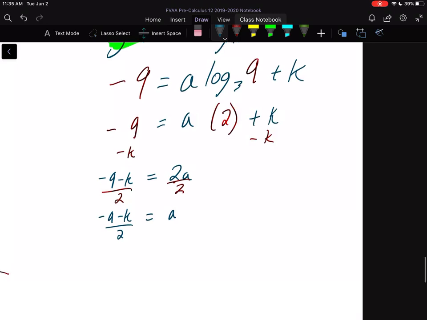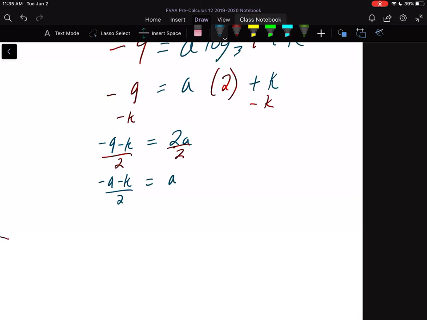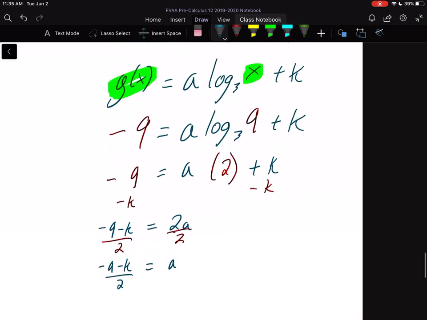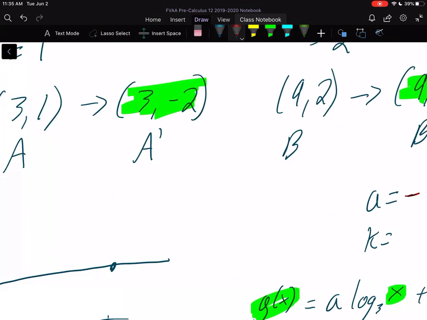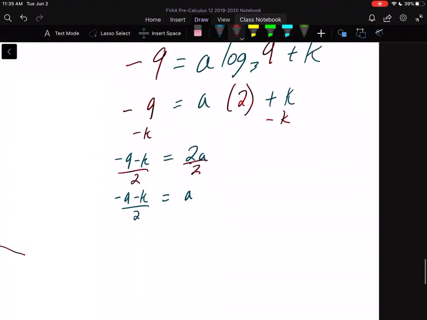Then you do the same thing with the other variable. Or what you can do actually is just plug this in to the a value in the other equation. So if I have now my other equation, same starting equation, but now instead of using b prime, I'm going to use a prime, plug those values in, okay? I'm going to have -2 is equal to, now instead of putting a, I'm going to substitute what a is equal to, (-9 minus k) over 2.